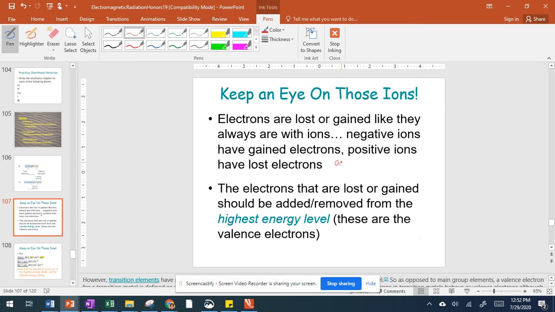The anions are negative and cations are positive. So we're going to be adding electrons or removing electrons from the highest energy level number, and that is, we are adding or removing valence electrons.